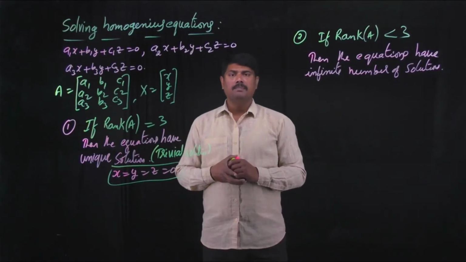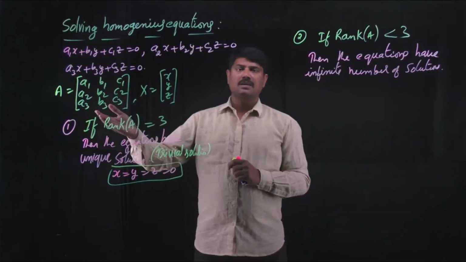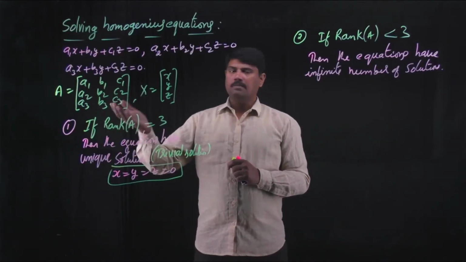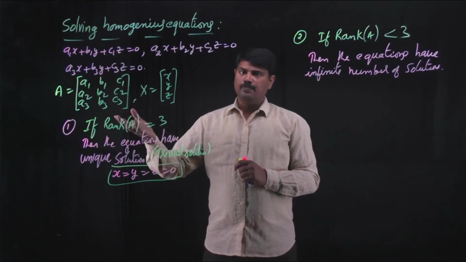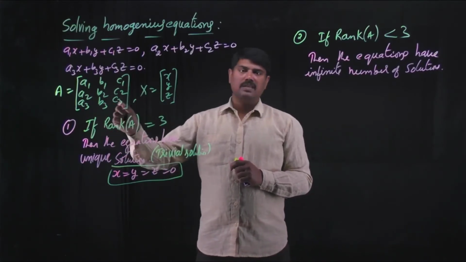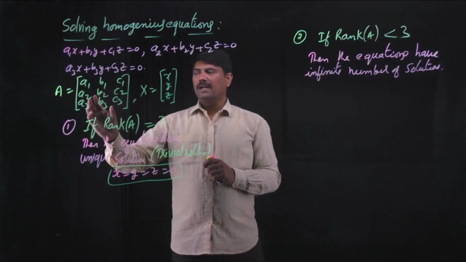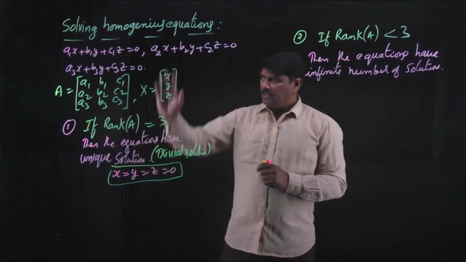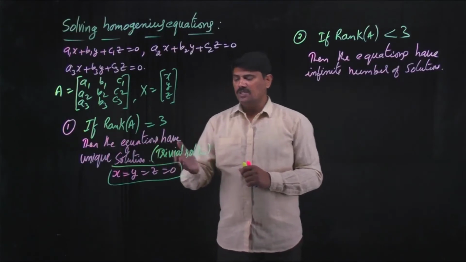Or you can remember, rank of A 3 means the given matrix has 3 non-zero rows. So the maximum order of the non-singular square submatrix is 3. So the coefficient matrix A is non-singular. If you observe it is non-singular, you can say the given equations have the trivial solution, that is x = 0, y = 0, z = 0.